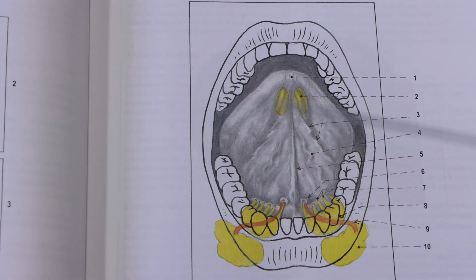Those are the structures that you can see in the floor of the inferior surface of the tongue. Immediately below the apex of the tongue, there is a salivary gland called the lingual apical gland, or anterior lingual gland.